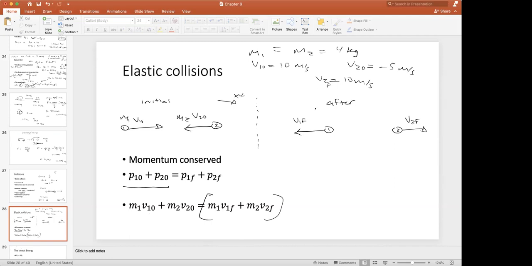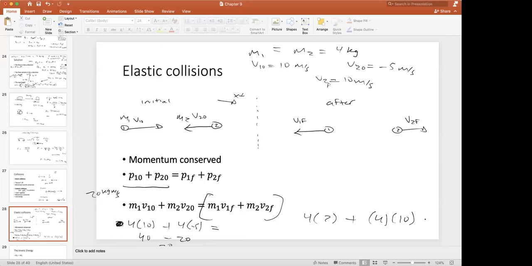So V2 final is that. Well, before this would be 4 times 10, plus 4 times -5, and that has to be equal to that. So this is 40 minus 20, so this is 20 kilogram meters per second. That's the initial momentum. The final momentum then is 4 times unknown plus 4 times 10.